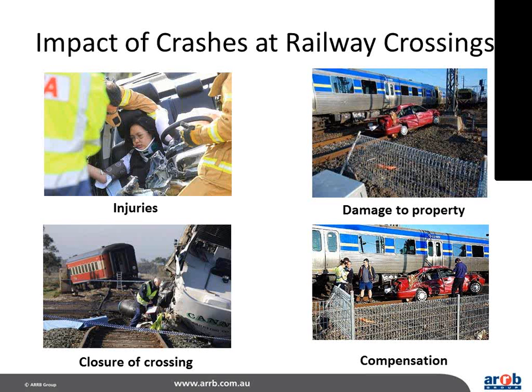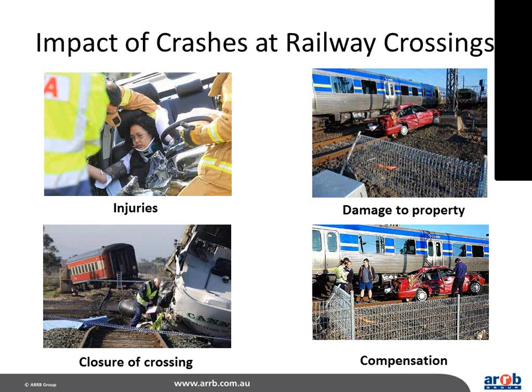If you look at the next slide, that explains the consequences in detail. What are the impacts? Injuries. When a car collides with the side of a train, chances are the passengers in the car and the drivers are going to be injured, and the injuries will be severe and can also be fatal. And not only the drivers and passengers in the car, but also the train occupants.